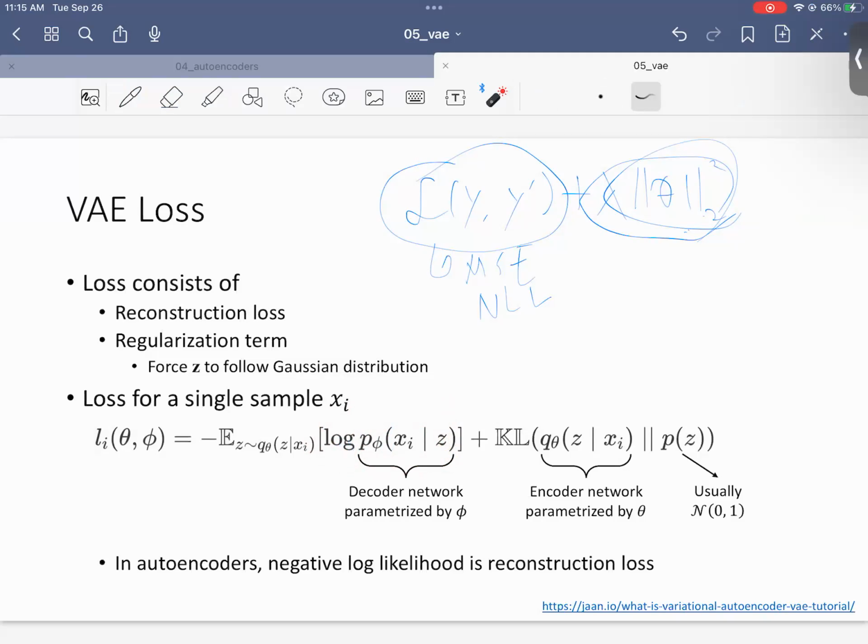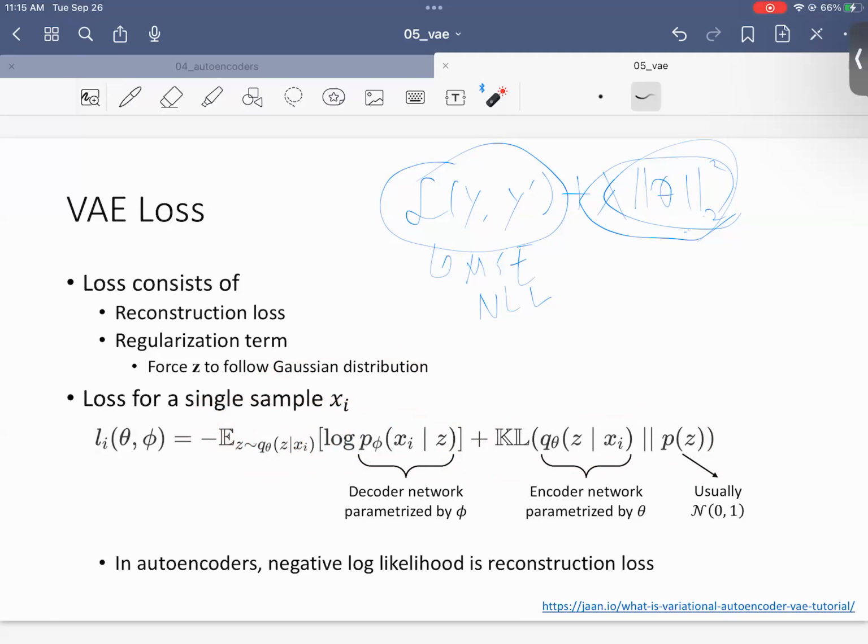The Z which the decoder accepts comes from the encoder, so Z follows the encoder's output distribution. The encoder gets X and generates Z. Your encoder's output Z is fed into your decoder, and you want to maximize the decoder's output. That's the reconstruction loss. So here is the reconstruction loss, and here is the regularization term.